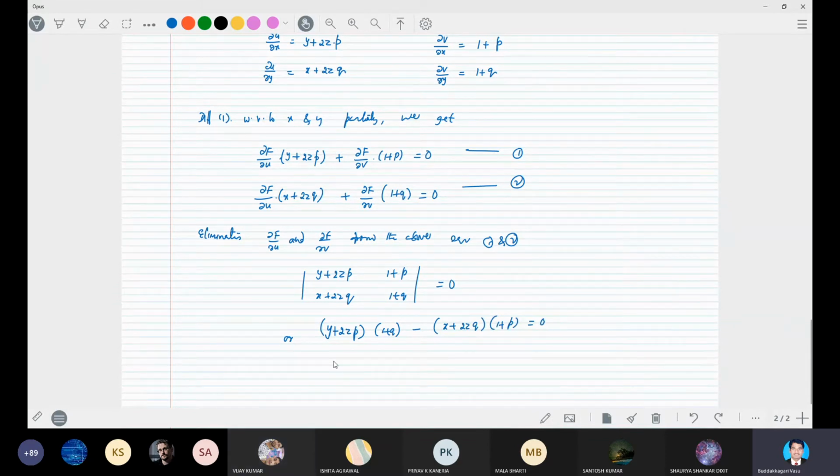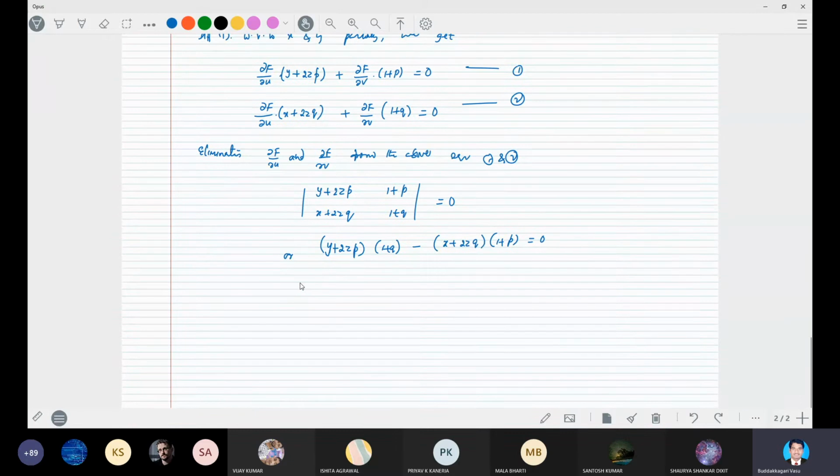AD minus BC. Now we will be rearranging this. So we will get 2z minus x into p plus y minus 2z into q is equal to x minus y. Okay, right?